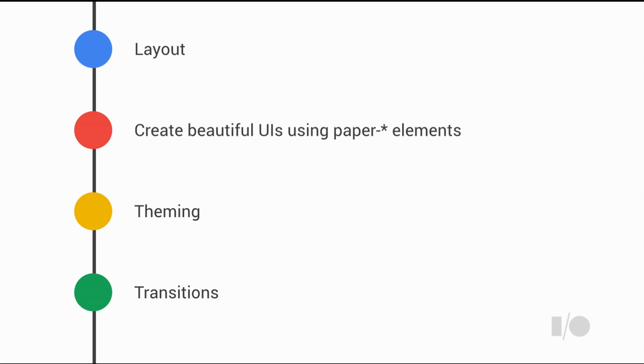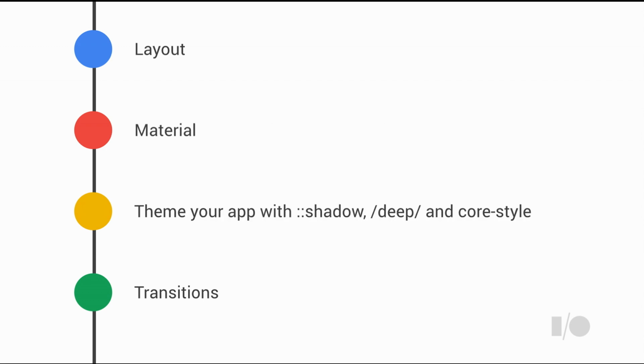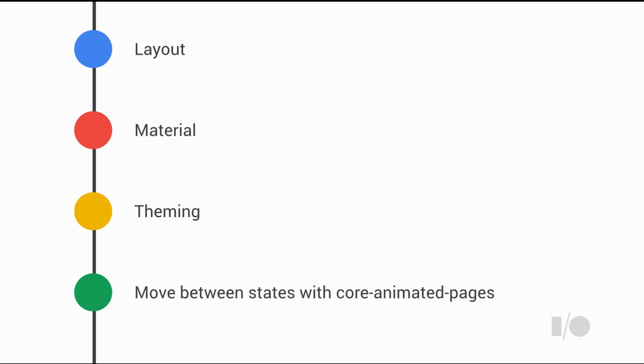So if you want to create some really beautiful interactive UIs, we've got that as well. We've got new tools like Shadow and Deep and Core Style for theming. And there's a lot of good exploration happening in that space. And lastly, if you want to move between different states in your application and generate some really amazing eye-catching transitions, you can use Core Animated Pages.